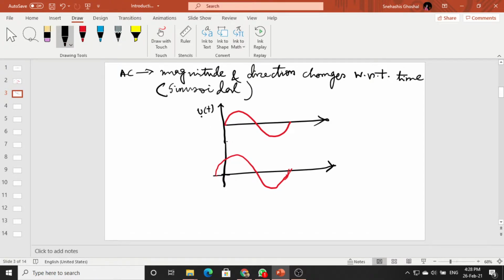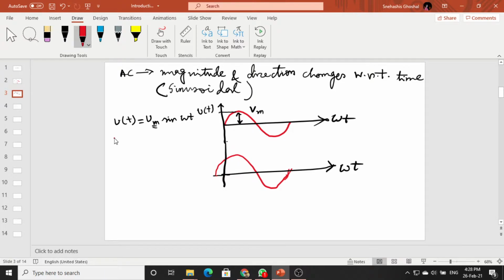If I refer to this signal A as V(t), how do I mathematically represent it? I represent it as Vm sine omega t, where the distance from the mean value to the highest value is Vm, the maximum displacement. Omega t is on the time axis. This is your omega t axis. This is your magnitude axis. This part is your Vm.